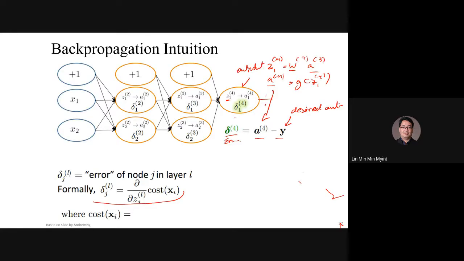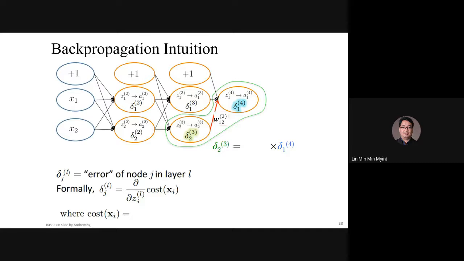That error is due to this node as well as these two nodes, passed through this weight, so they have a contribution to that error. We transfer that error back to here.